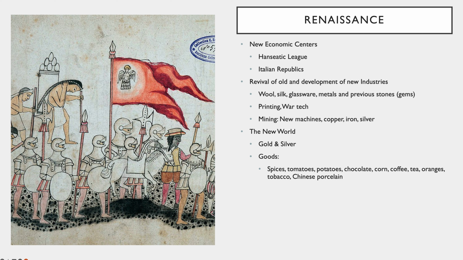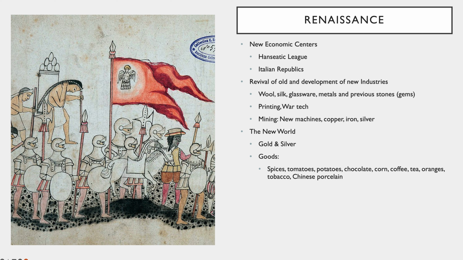everything from fueling cars to sweetening your soft drink, right? And to eat. Coffee, tea, oranges, tobacco, a vice that some of us might have, right?